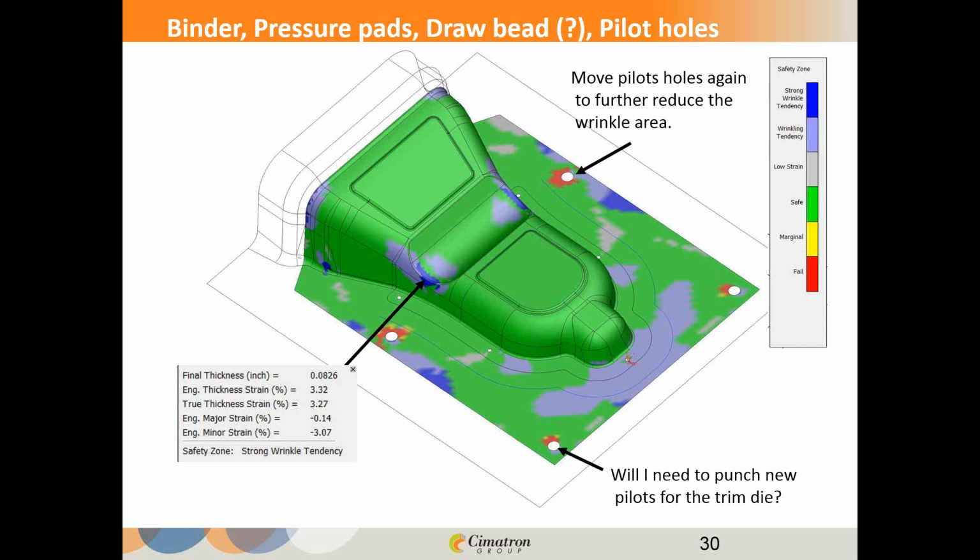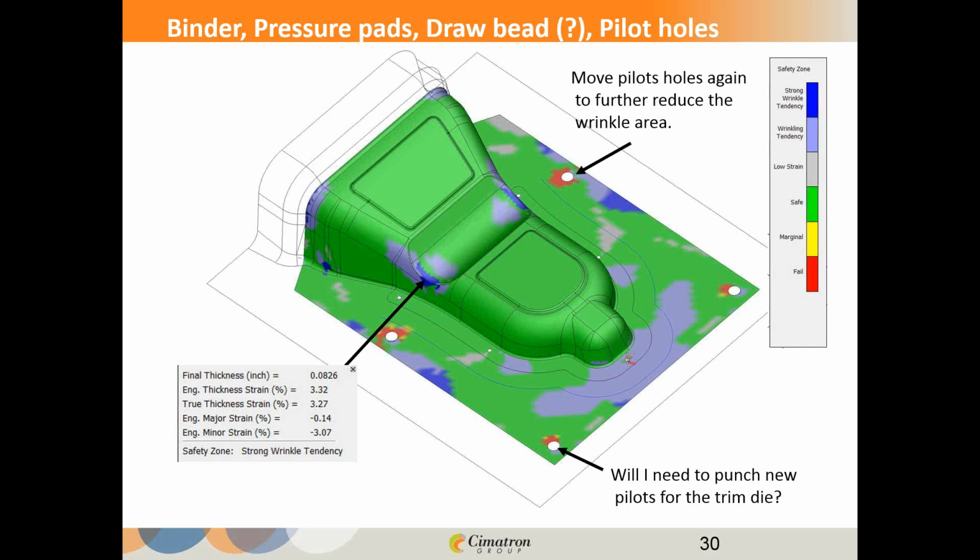So thinking about what that pilot is doing, since it's really constricting the material flow, let's take the pilot and line it up in line with the wrinkle area. Here it's reduced the wrinkle area just by moving it, shifting it that little bit, those few millimeters, it's reduced down to 3.2%. And looking at the tears around those pilot holes, I'll ask myself, well, what are the tears going to do?